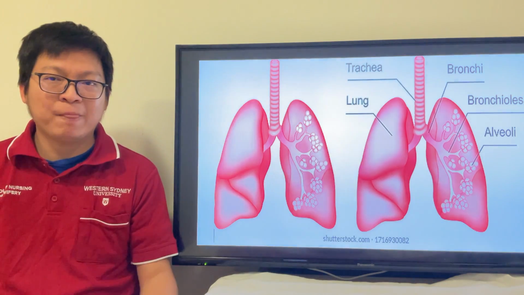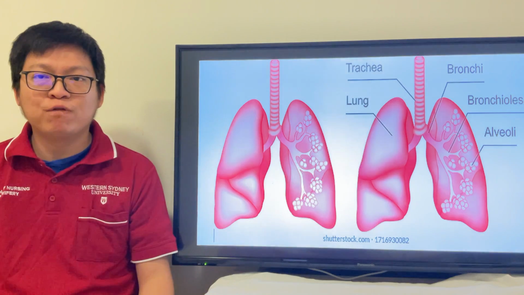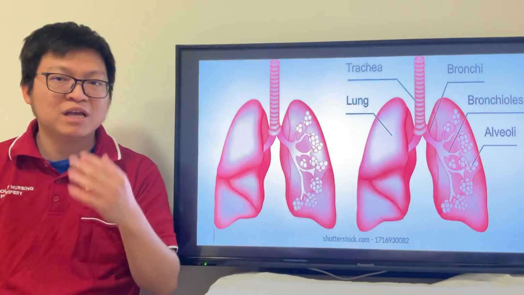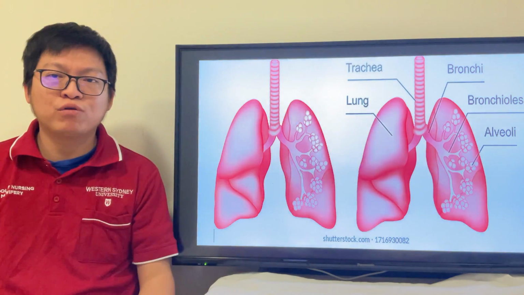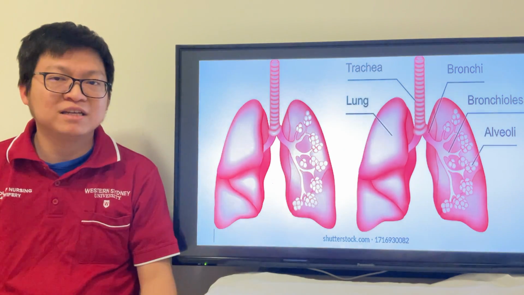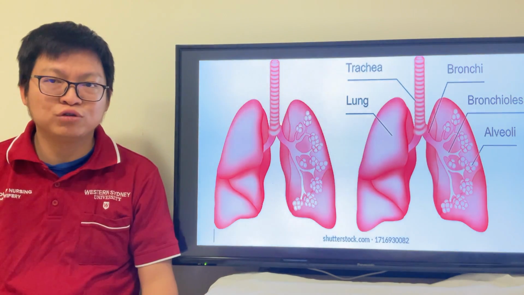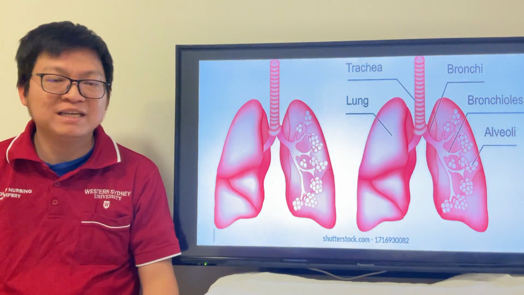When we inhale, the air passes through our respiratory tract from the nose or the mouth along the large hollow tube called the trachea into our lung. The trachea is divided into two tubes called bronchi in the lung.